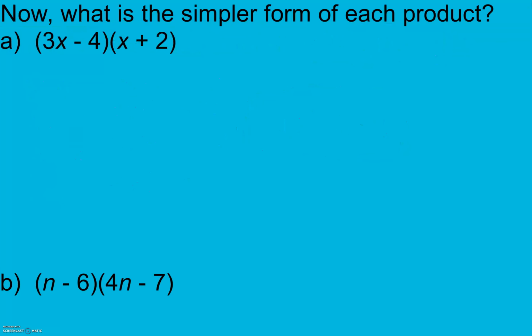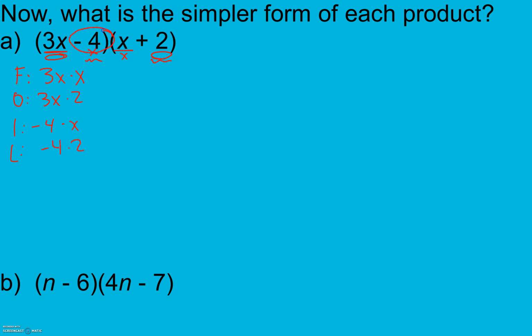To find the simpler form of each product here, again, we've done 3 different ways. I'm going to do this one by foiling. Remember, firsts, outsides, insides, and lasts.